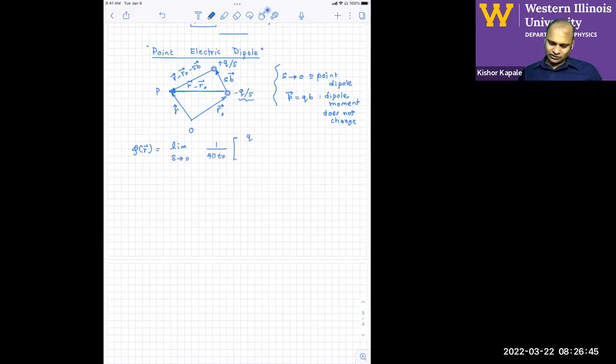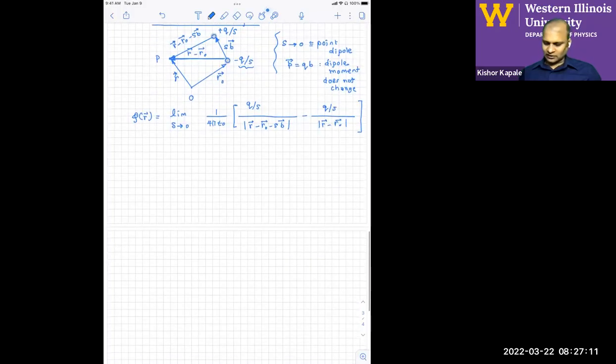The positive charge is Q over S. It is at a distance R minus R0 minus SB, so we are looking at the distance of the observation point from the positive charge. And then the negative charge is going to contribute negative Q over S times the distance R minus R0. Okay, everybody with me so far?